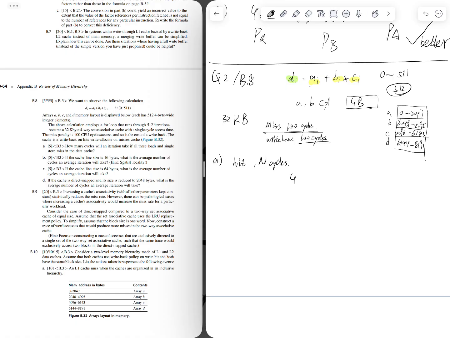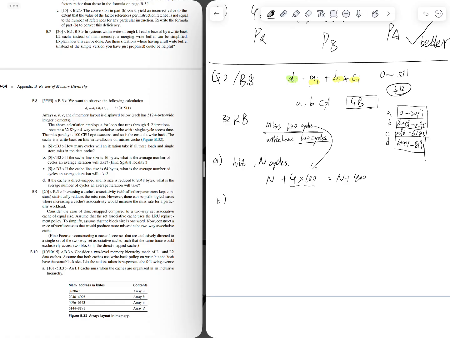So there are 4 misses with the basic hit, so it should be n plus 400 cycles, right? Four misses, and each will take 100 cycles. The hit time is considered without memory stall cycles; you can consider it the ideal CPI. So this is part A.